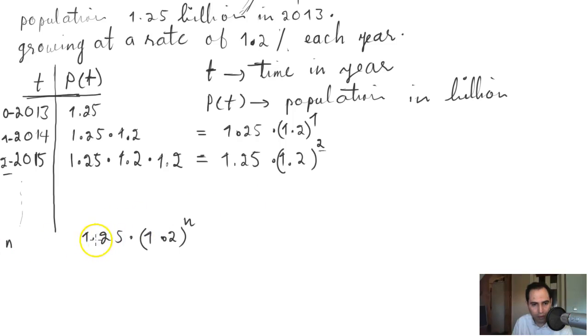So in the nth year it's 1.25 times 1.2 raised to the power n, and this is basically your p of t, where t is the exponent. So that's basically this population. And I have to go to the next video, I'm sorry.